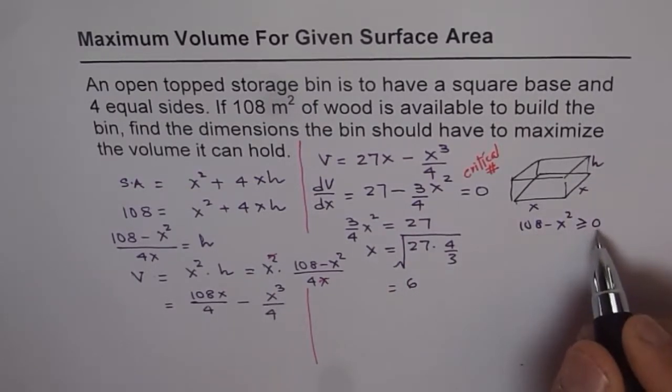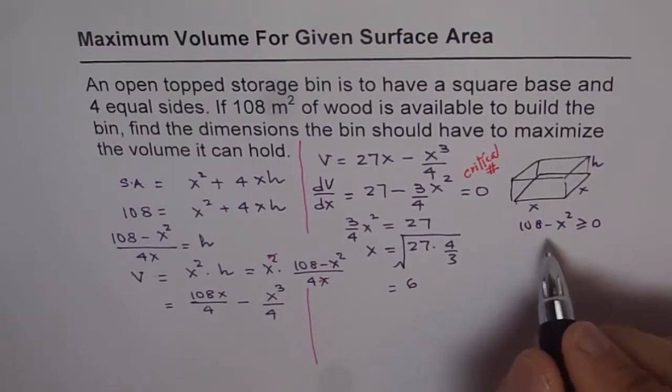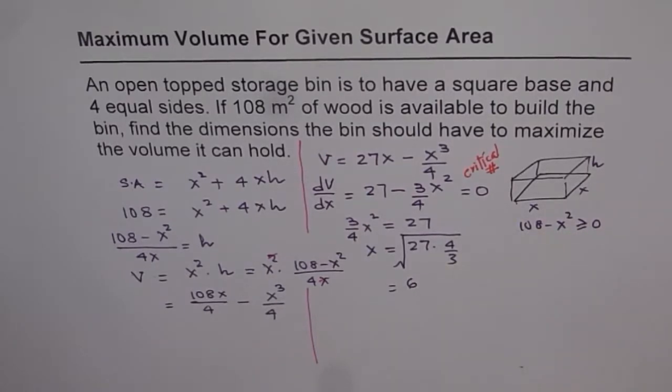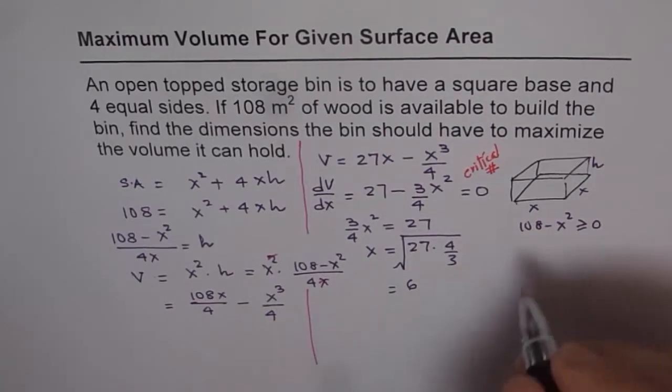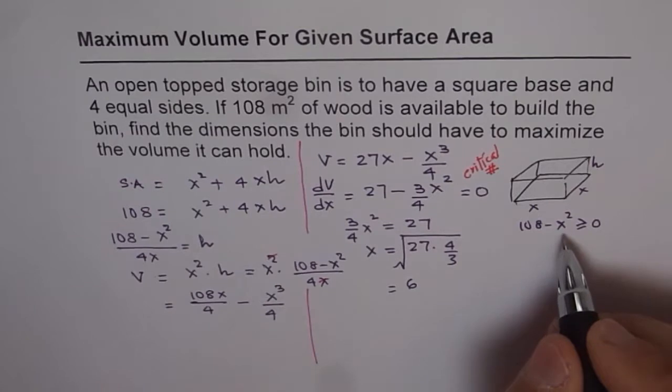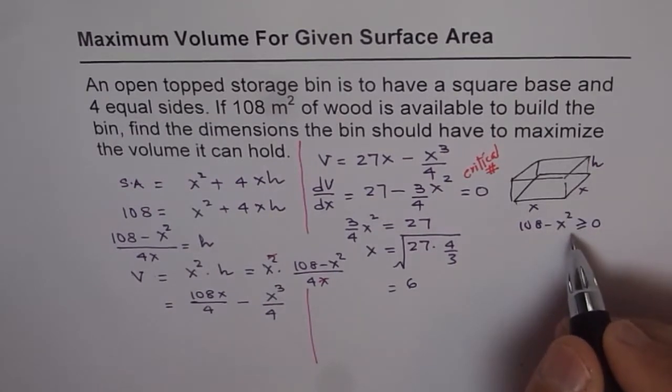It cannot be negative. And that means, what is the square root of 108? Let's do that. So we do the square root of 108, which is approximately 10.4. So when we take it here, the sign changes.